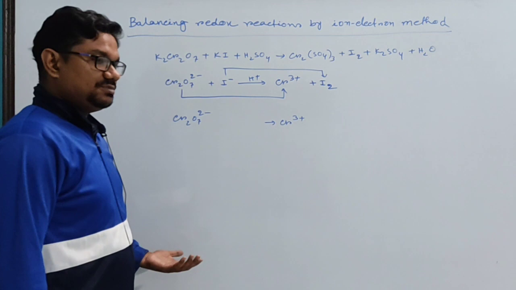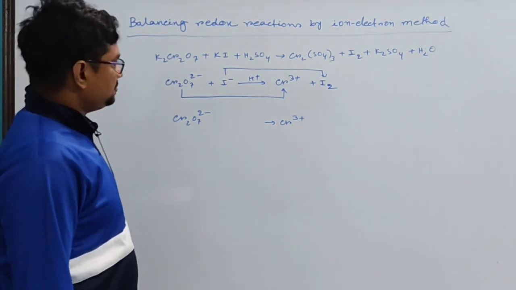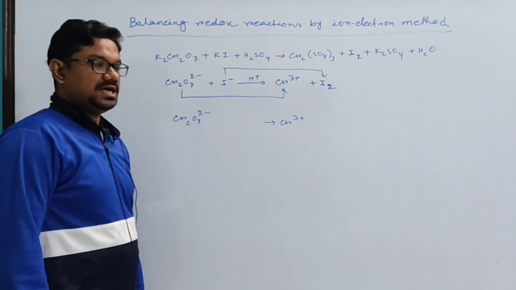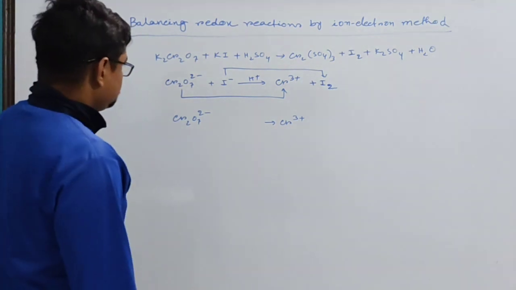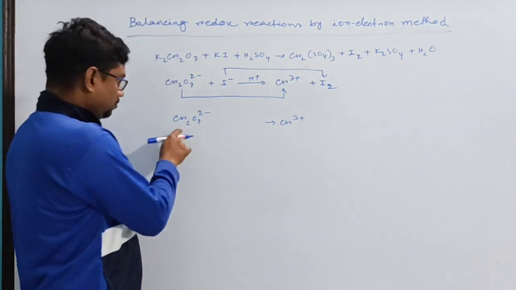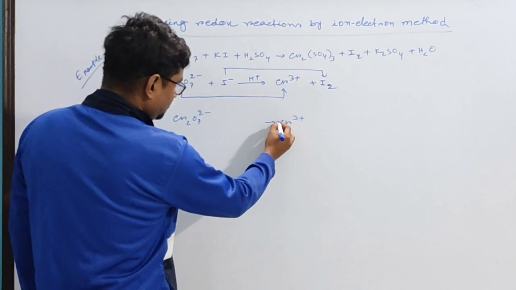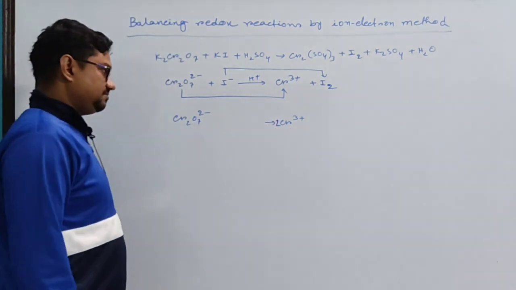In the alkaline medium we should not use any H plus ion, and in acid medium we should not use any OH minus ion. So for balancing these, first balance the chromium. Here 2, here 1 is there, so first make it 2 chromium 3 plus.